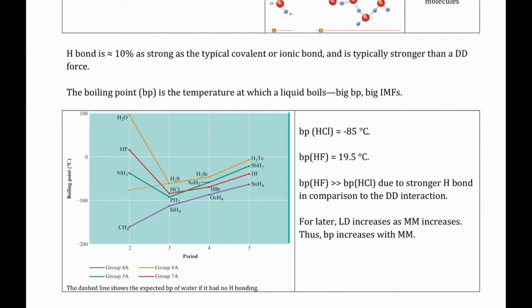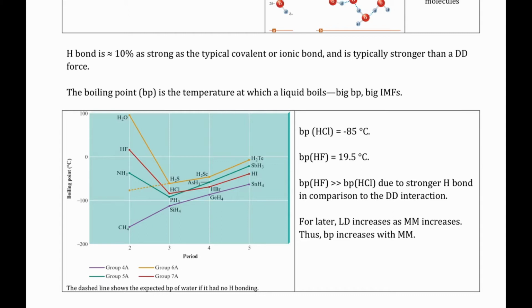That's because PH3, AsH3, SbH3 are all polar, so they would have the dipole-dipole IMF, not the stronger hydrogen bonding. In NH3, we have N, we have H, we have what it takes for the hydrogen bond. The hydrogen bond is stronger than the dipole-dipole, so the boiling point of ammonia is higher than that of the others.